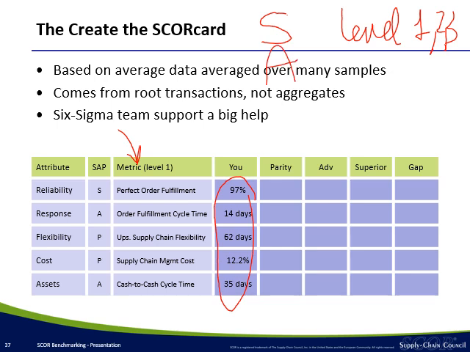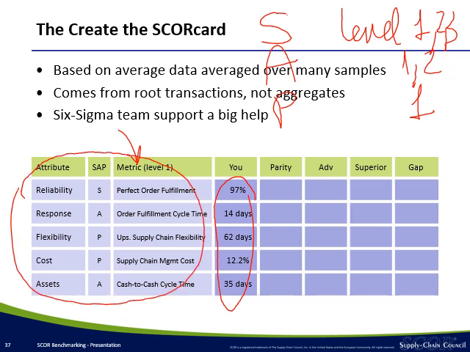For A, we have levels 1 and 2. For P, we have just level 1. I'm just showing this portion to explain it, but it's a large table, okay? And this is your evaluation, your value, 97%. Is it good or bad? We don't know. So we need an extra step.